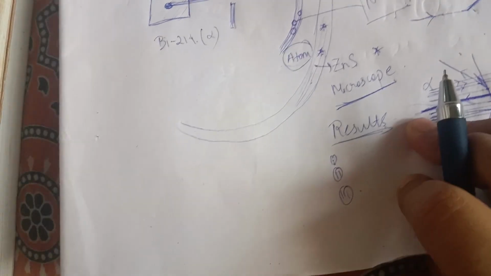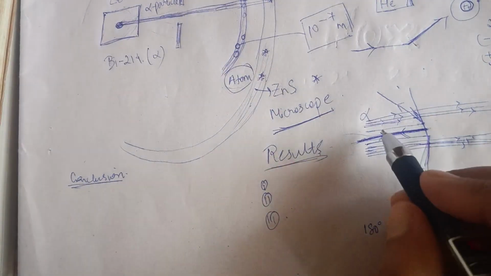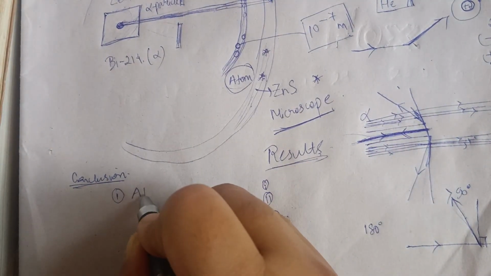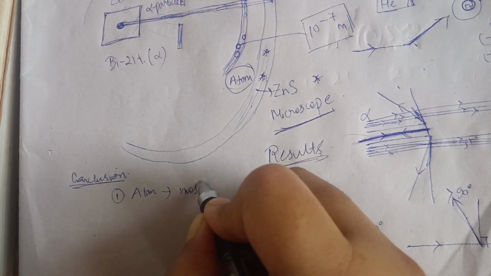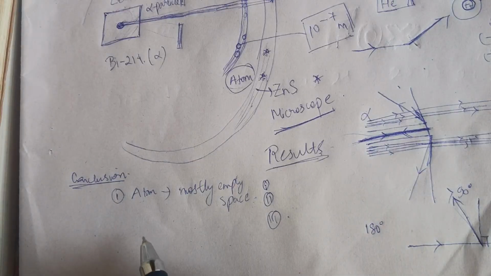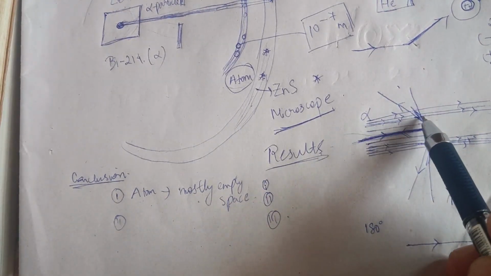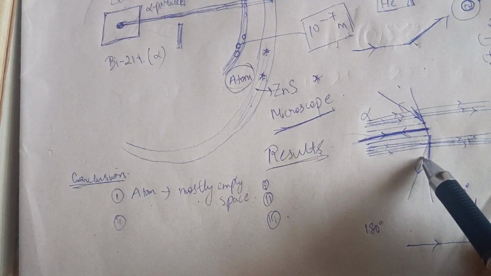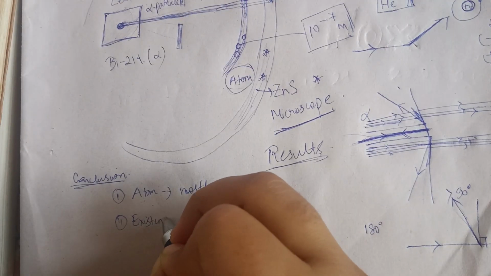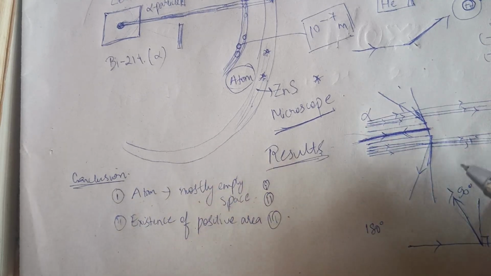So the conclusions made from this model were that since most of the alpha particles pass through the gold foil, the atom consists of mostly empty space. Since very few alpha particles deflected by small angles, it concluded that there is a positive area in an atom.